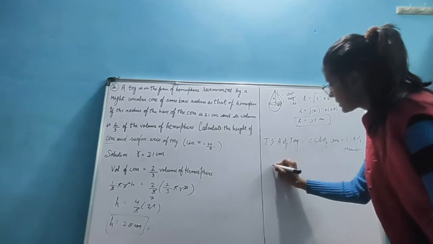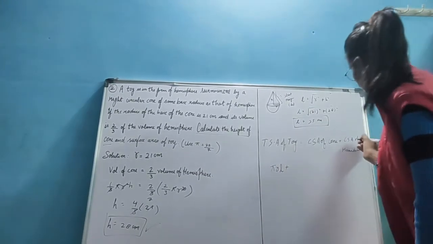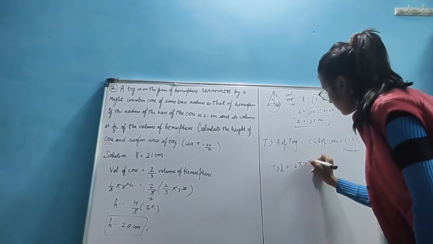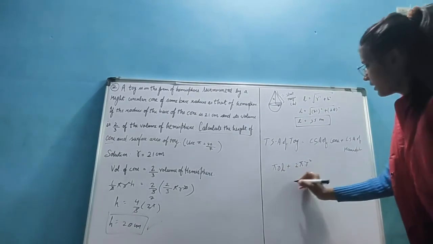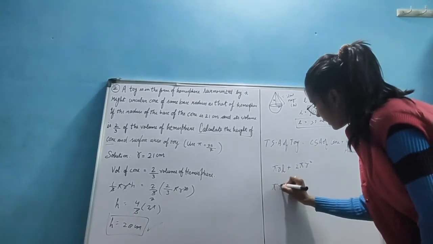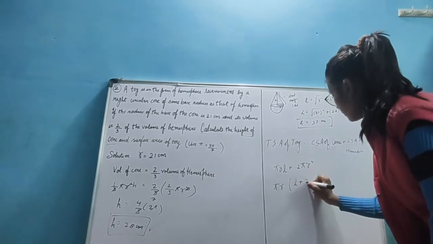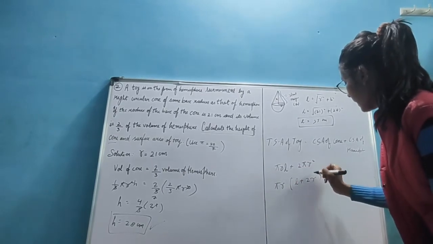CSA of cone is pi RL plus CSA of hemisphere is 2 pi r square. Pi RL plus 2 pi r square, we can take pi r common from this equation. Pi r common, L plus 2r.